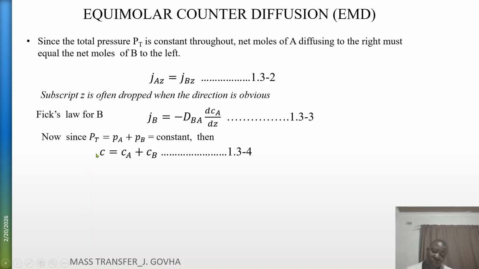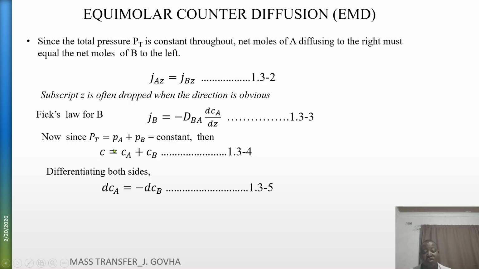Then the total concentration is the concentration of A plus the concentration of B. If we differentiate both sides of equation 1.34, it becomes dCA minus dCB. If you differentiate a constant, it becomes 0.